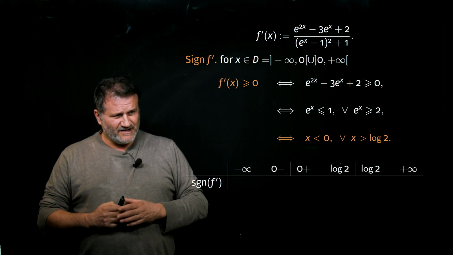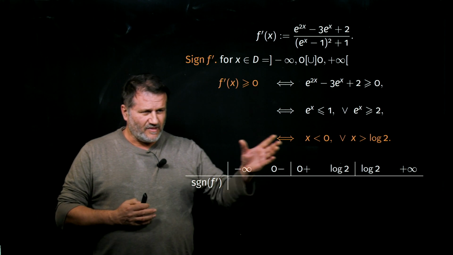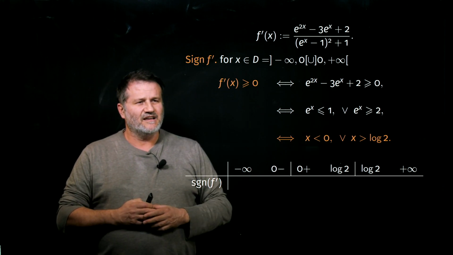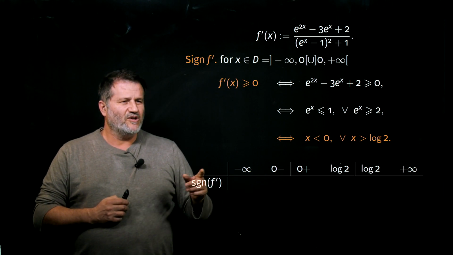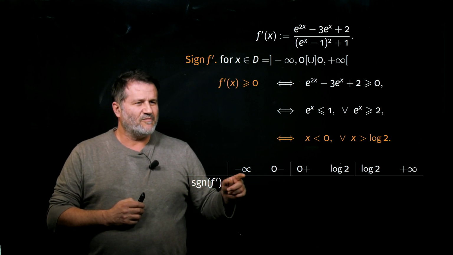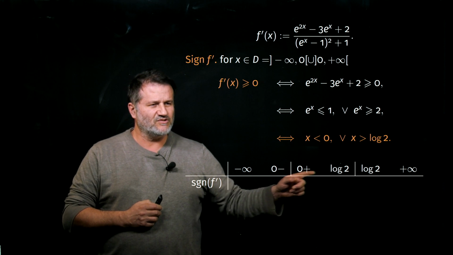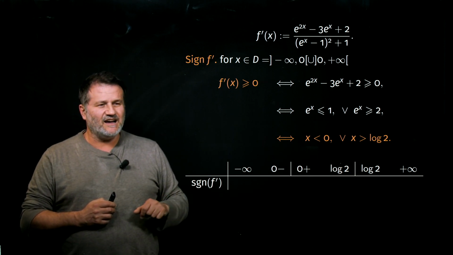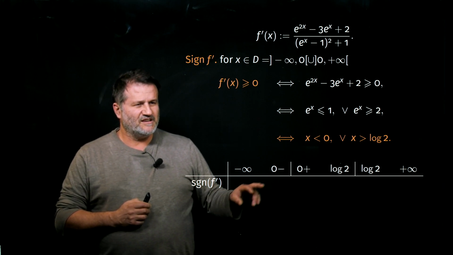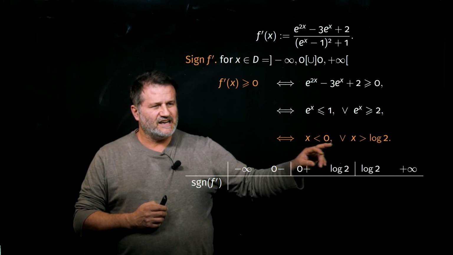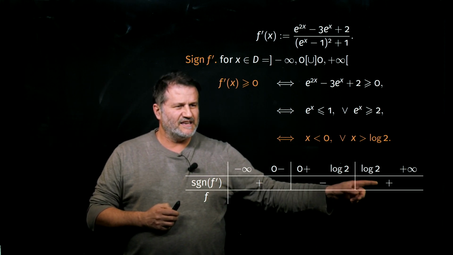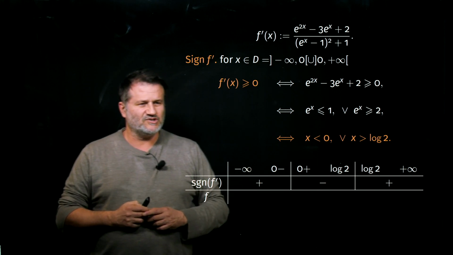So we can translate this fact into this table where we have the intervals from minus infinity to 0, 0 to log 2, and log 2 to plus infinity. Here we put the sign of f prime, which is positive if and only if x is negative or greater than log of 2, so positive here, and negative between 0 and log 2.